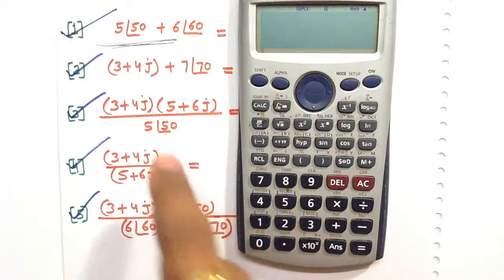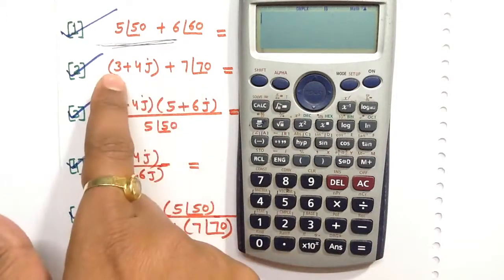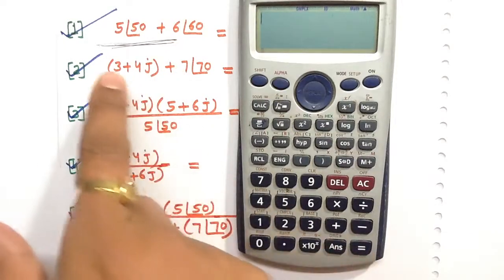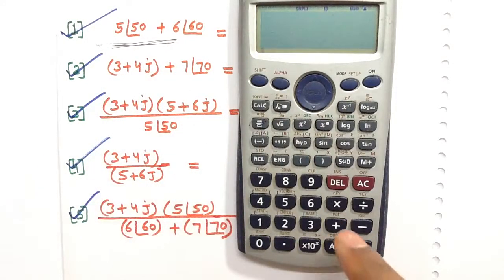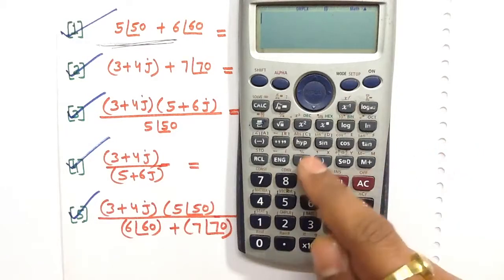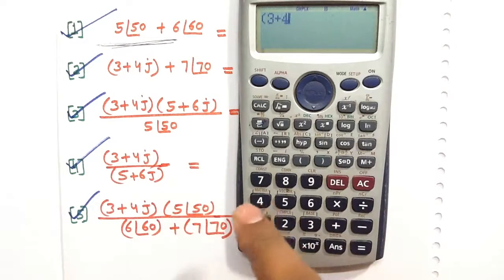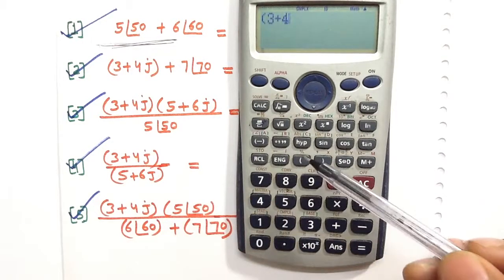Okay. So it is written 3 plus 4J plus 7 angle 70. Write the whole equation on the screen of the calculator. How to write it? Press bracket, then press 3 plus 4J. How to write J?